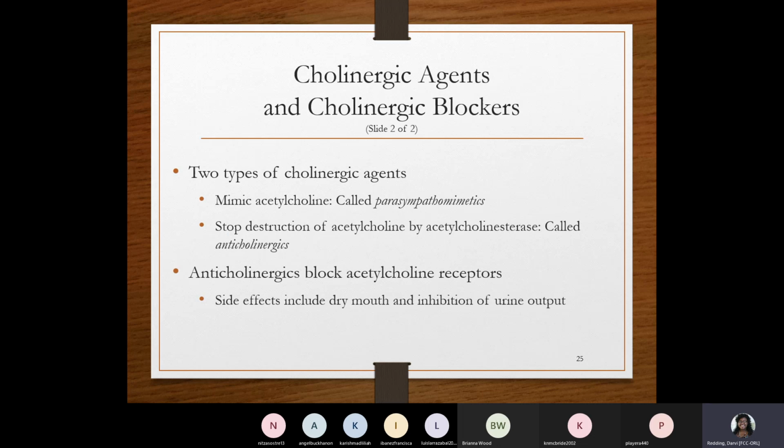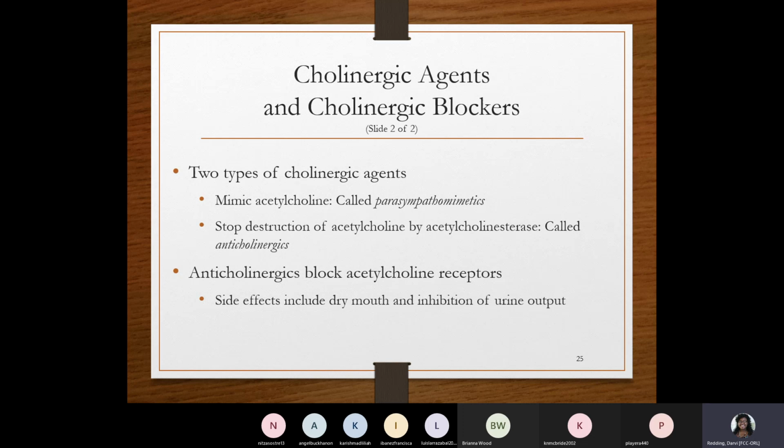And when it comes to the cholinergic agents and the cholinergic blockers, there are two types of cholinergic agents, and those mimic the acetylcholine, and it's called the parasympathetic mimetics, and those work by stopping the destruction of the acetylcholine by the acetylcholinesterase, which is also called anticholinergics.